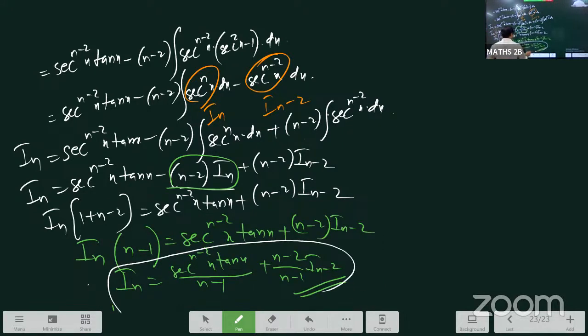This is your reduction formula for secant power n x. So once again, what does it look like? Secant to the power n minus 2 x into tan x by n minus 1 plus n minus 2 by n minus 1 I_{n-2}.